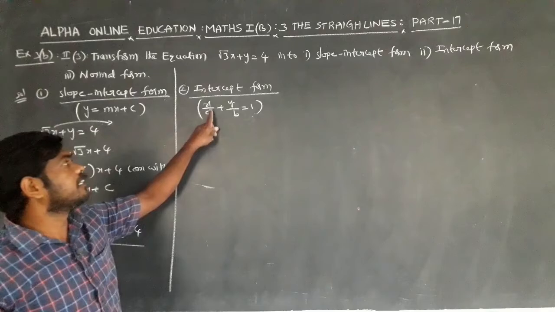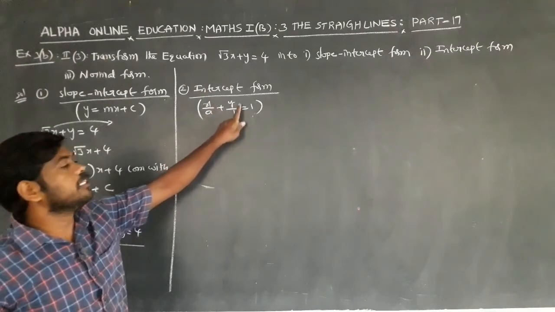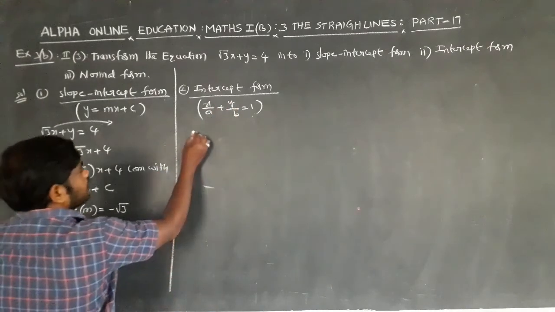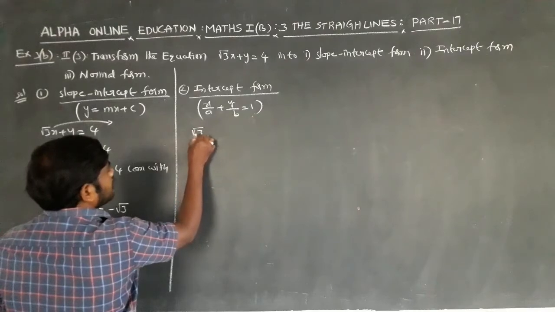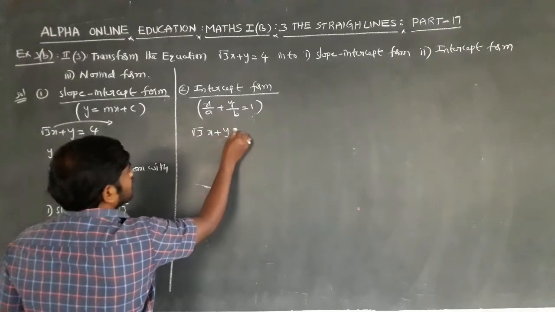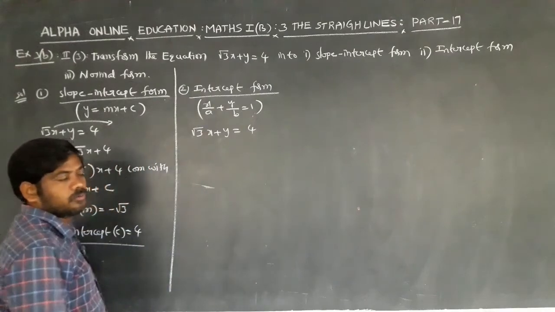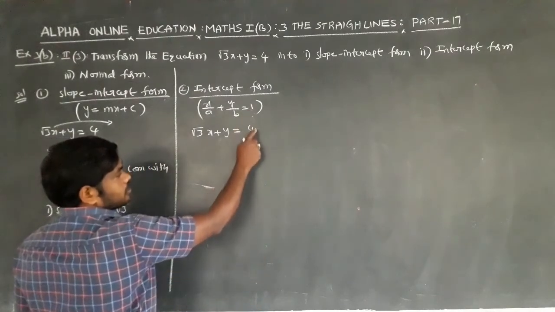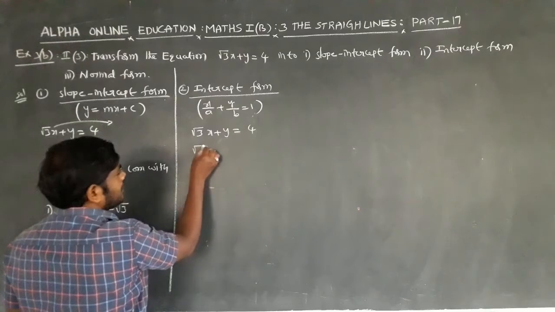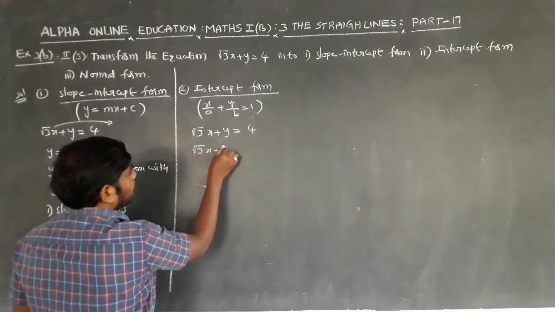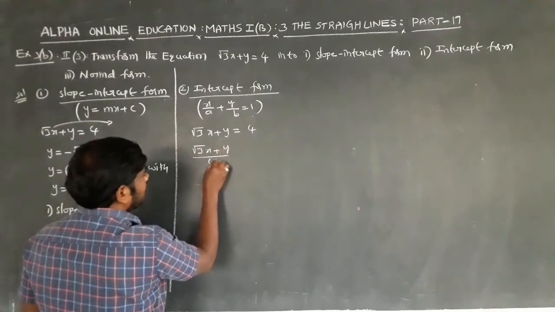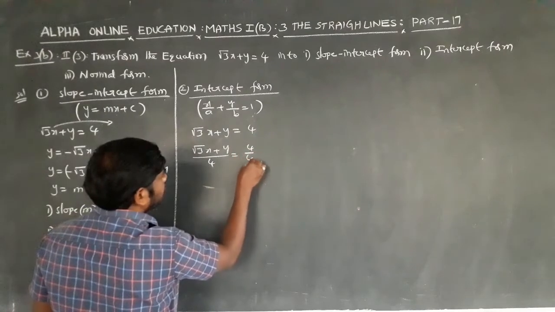Here a is the x-intercept and b is the y-intercept. The equation of the straight line is √3x + y = 4. Here the right side should be 1, so divide both sides by 4.